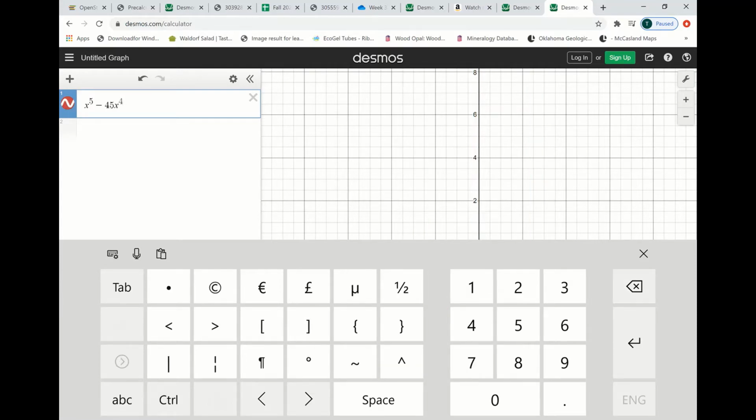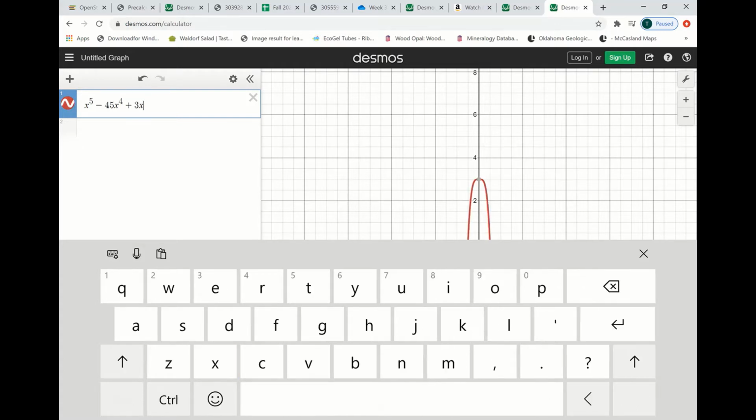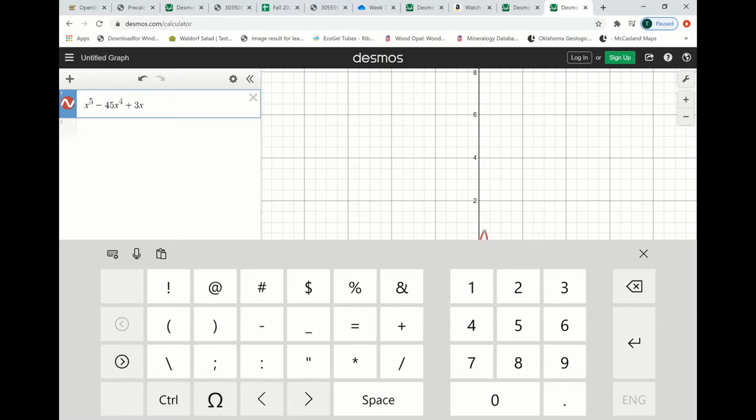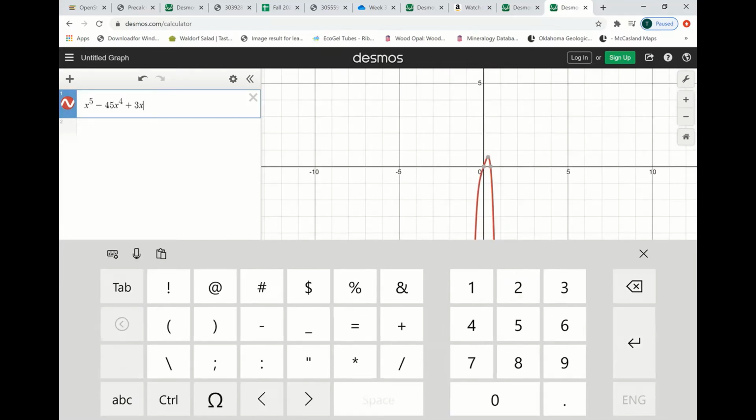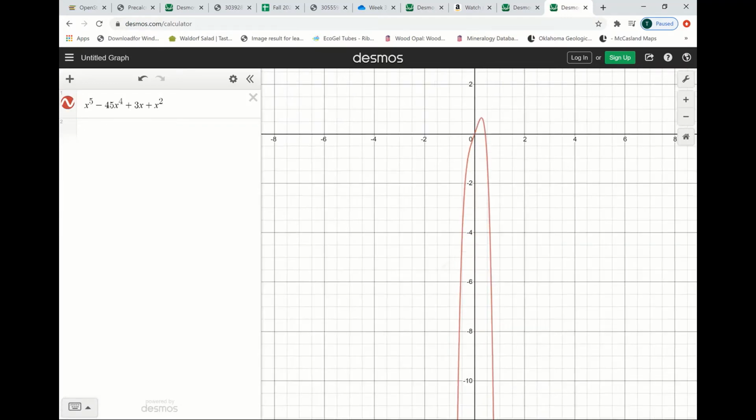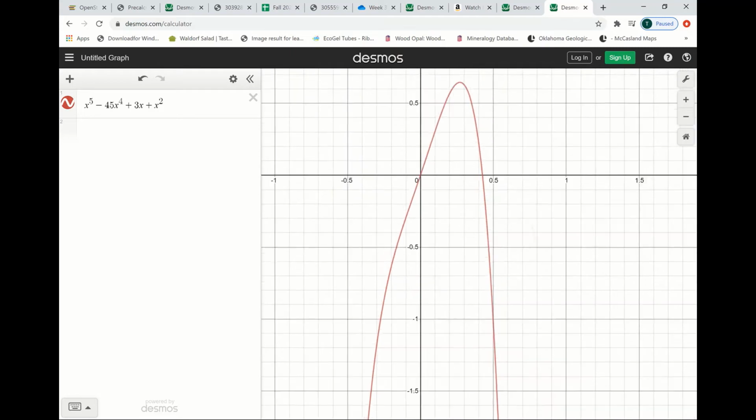We'll do to the 4th, and then plus 3x. What does that look like? Not quite 3x. Plus, we can add another term, x squared. Okay, so some of these can look really, really weird, like this one.